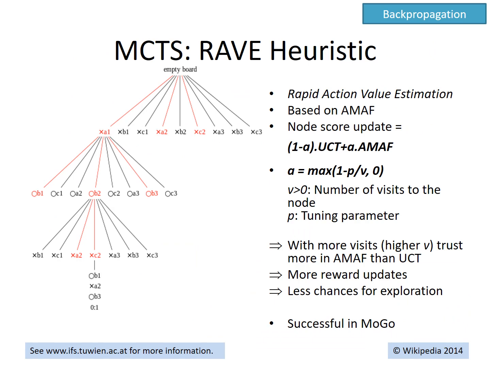Okay, the Rave heuristic was the state of the art before AlphaGo came along in the game of Go. It is another form of linear combination of what you have so far. UCT is another word for UCB1 plus Monte Carlo tree simulation. So this is the UCB1 heuristic, again employed with a weight, and for the rest of the time using another heuristic, which is called all moves as first.